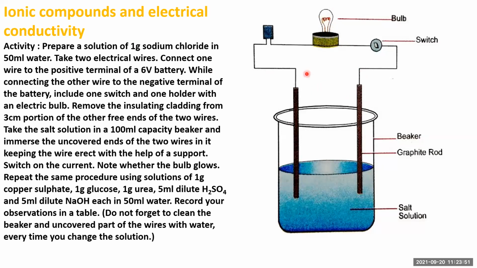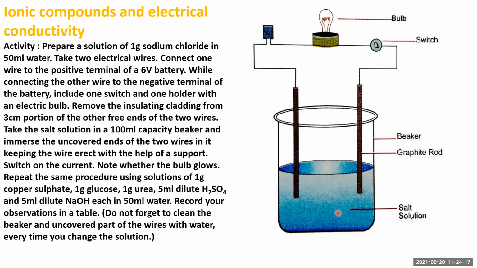So the salt solution is a conductor of electricity. Now, why does the current pass through the salt solution? Because salt ions dissociate in the solution. Because of the dissociation of the salt into ions, the current is carried.